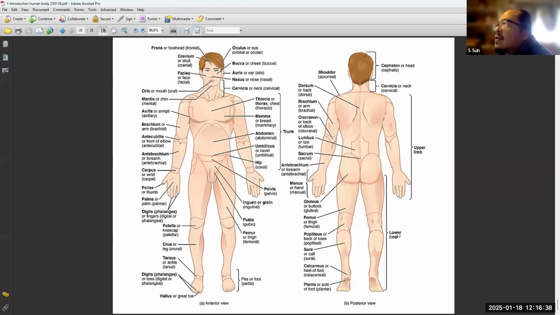So that's the front. When you look at the back, we will have the shoulder. You can also see shoulder here. In the back is the dorsum, the back, dorsal. Back is your dorsal, and the rostrum and olecranon. Olecranon is this little bone. You can feel it, and basically that controls the limit of your joint.